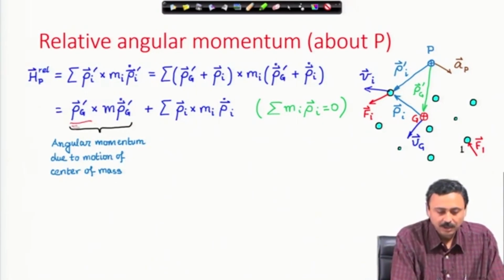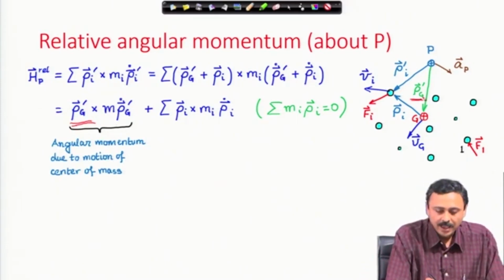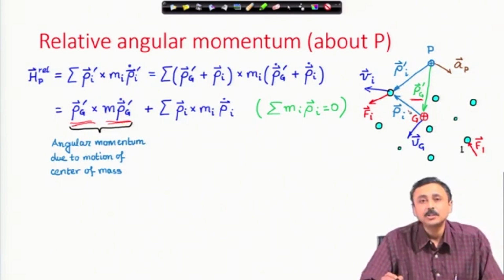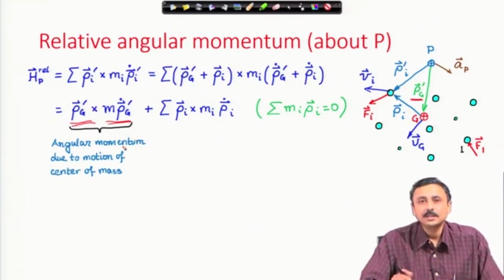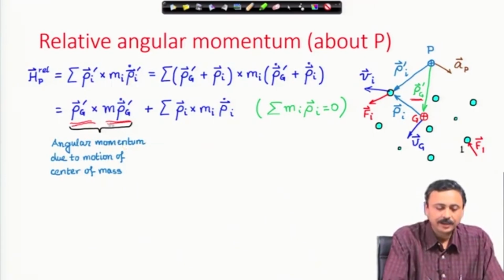You see this moment arm is this vector rho g prime, and m rho g prime dot is nothing but the relative velocity of g with respect to p. Therefore, this term represents the relative angular momentum of the whole system of particles with the mass concentrated at the center of mass and that part of the angular momentum.